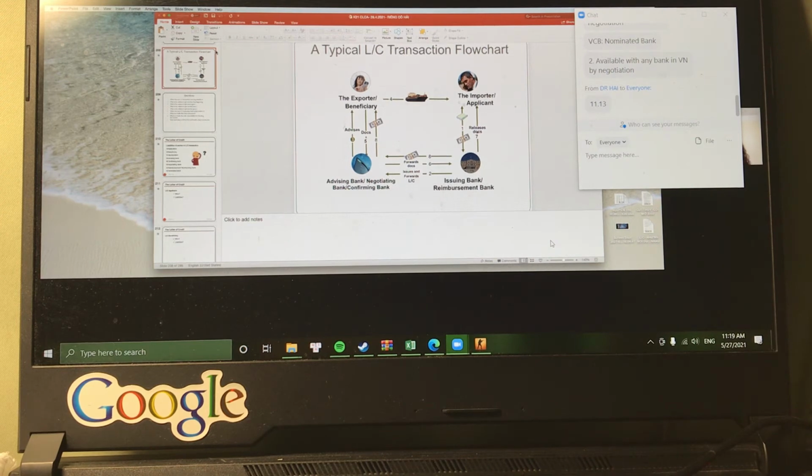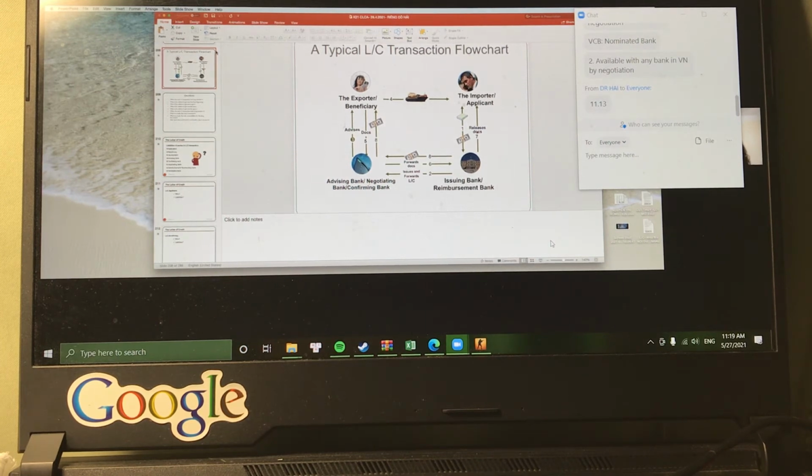Okay, so we can use many different words to describe this action. Now number 2, the issuing bank issues the LC and sends the LC to the advising bank.